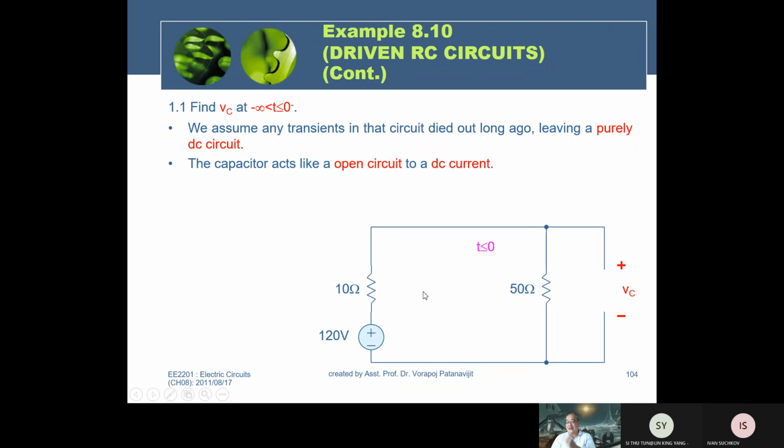Now, from this circuit structure, you can see that the circuit contains only 3 elements: 1 voltage source and 2 resistors. VC is the voltage across the 50 ohm, which is in series with the 10 ohm.